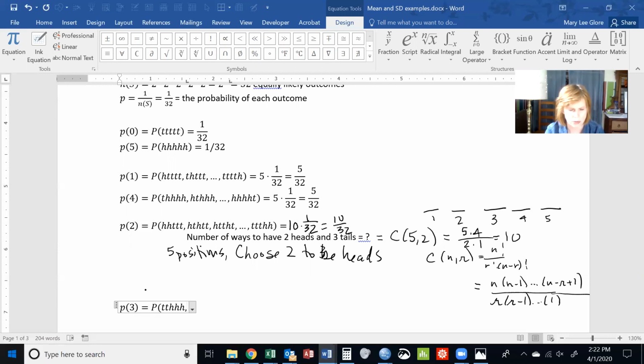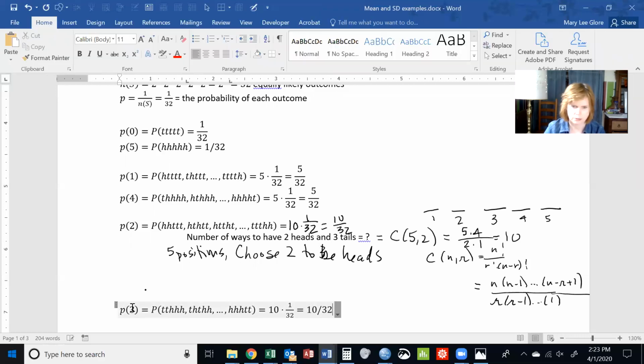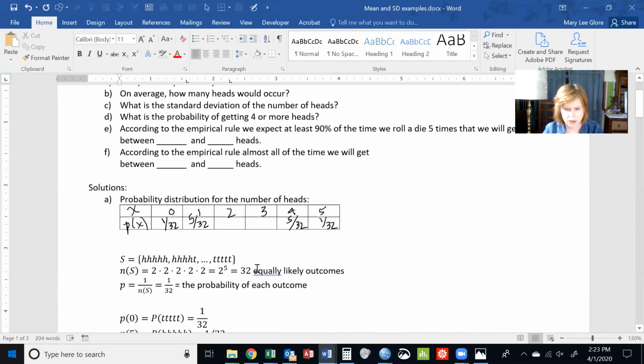So this is me, I have 3 heads and 2 tails, and then like 2 tails be the first 2, and tail, tail, head, head, etc. Just like above, this is also going to be 10 times 1 over 32. There's going to be 10 of those as well. All right, so let's go fill in the table.